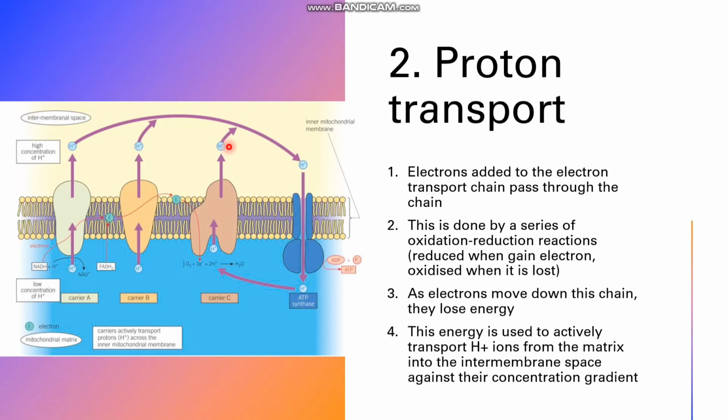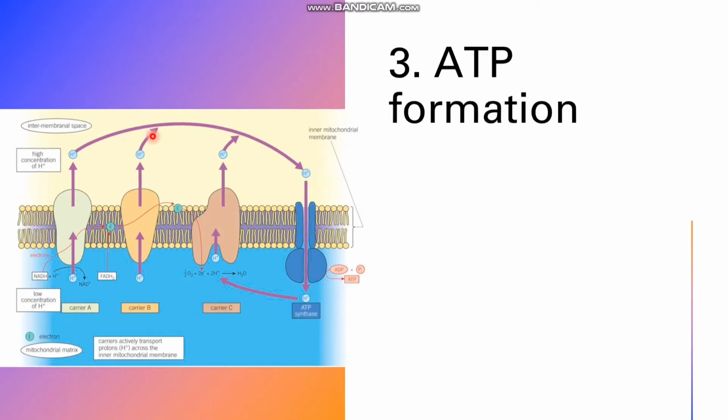As it's against their concentration gradient, we need energy to pump them in via active transport, and it's the energy released by the electrons moving down this chain that provides it.